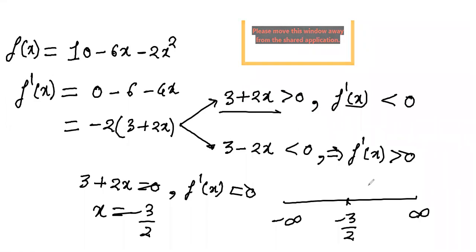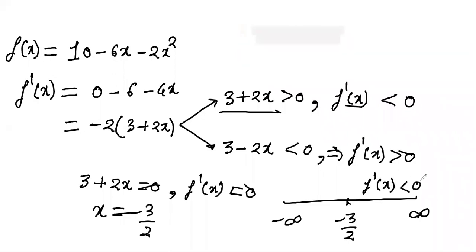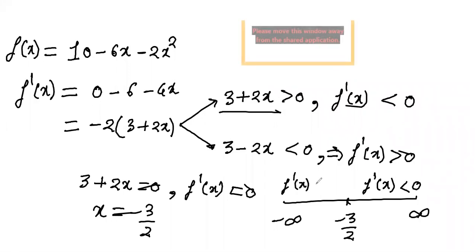In this region f dash x is negative, and in this region f dash x is positive. Okay, is it clear? Any doubt? Everyone wrote this?